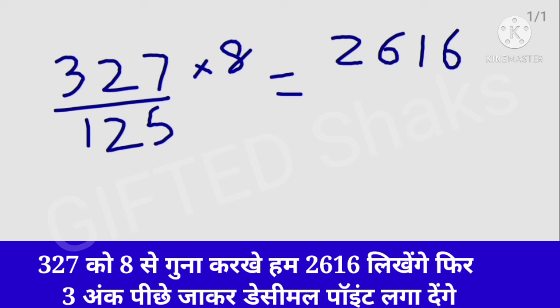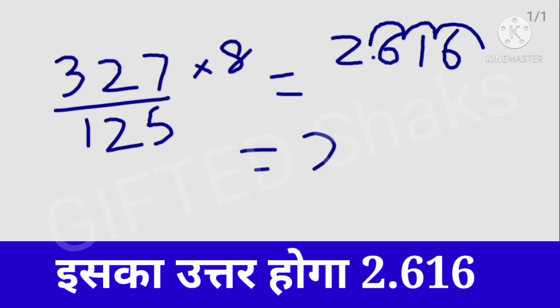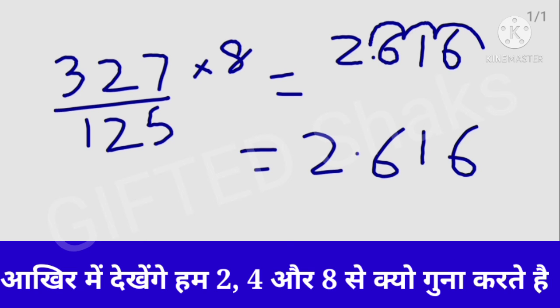And I have to put decimals in 3 places. I go back 3 places. So it's 1, 2, 3. Now you have 2.616.